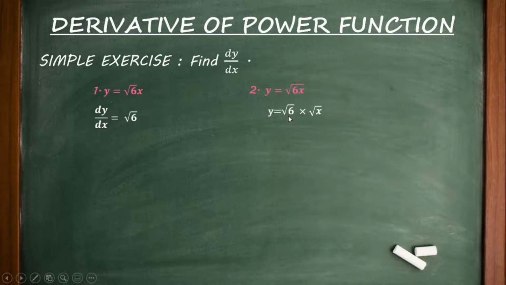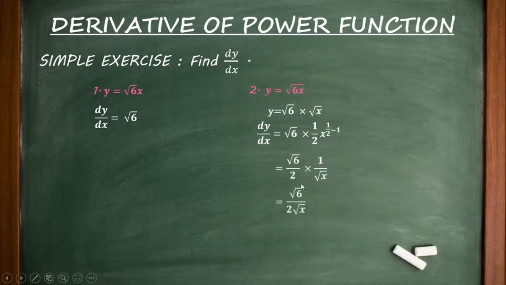Then dy dx, this function is root x, we differentiate and we get 1 over 2 and then x to the power of 1 over 2 minus 1, and the answer is root 6 over 2 times 1 over root x, we get root 6 over 2 root x.